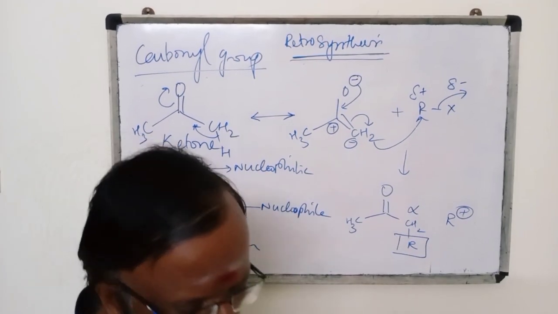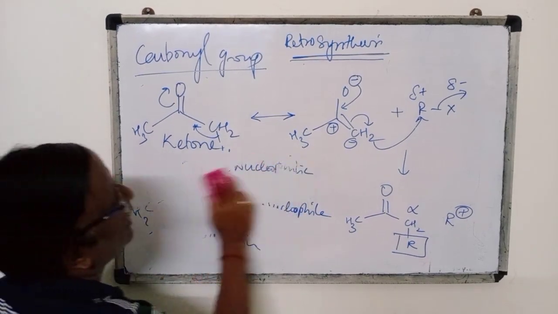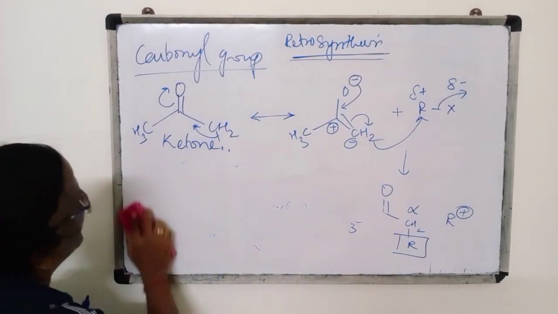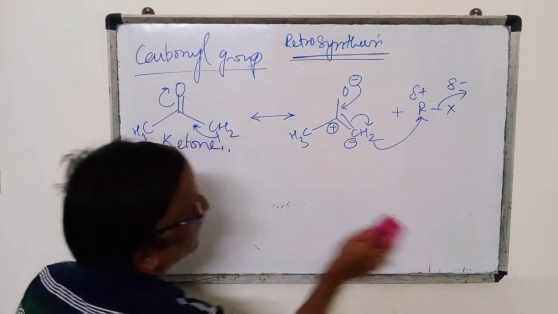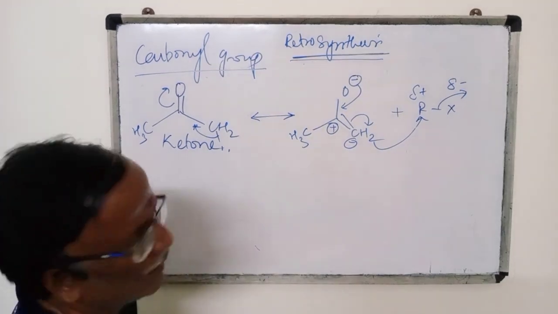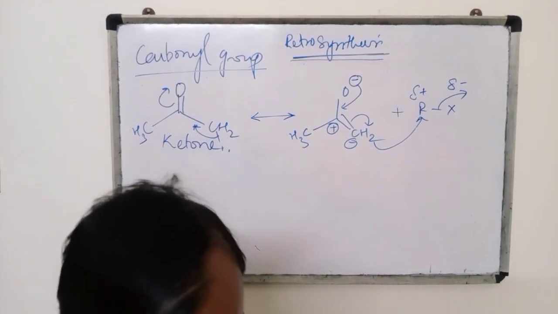Again, if you try to analyze, this alpha carbon is going to have a negative charge. So this negative charge can react with a variety of compounds.